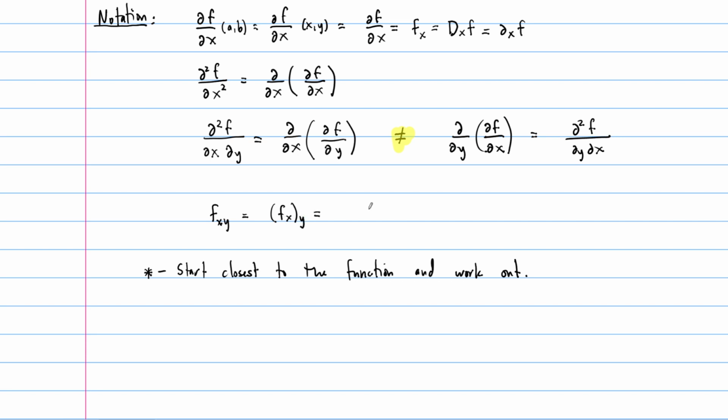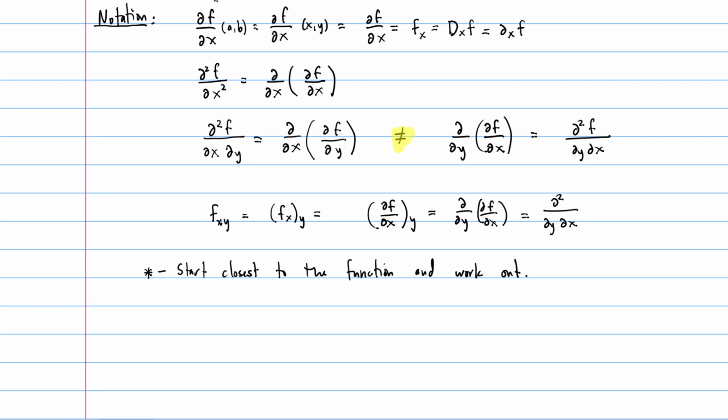Well, which one is that? Let's just follow the notation, right? So this is going to be df by dx sub y. This is just different notation for the same thing. But then this is going to be, of course, the y partial derivative of the x partial derivative. And look what happens when we translate between these two different notations.